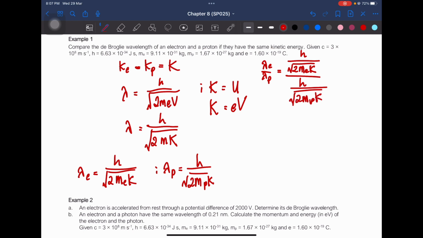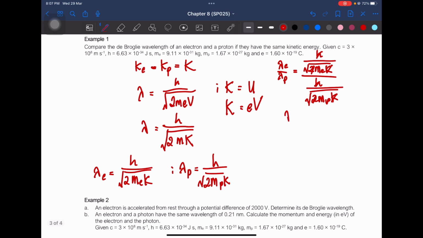We can cancel the ones that are the same, which is h, and 2K, 2K. So we are left with the ratio equal to a square root.